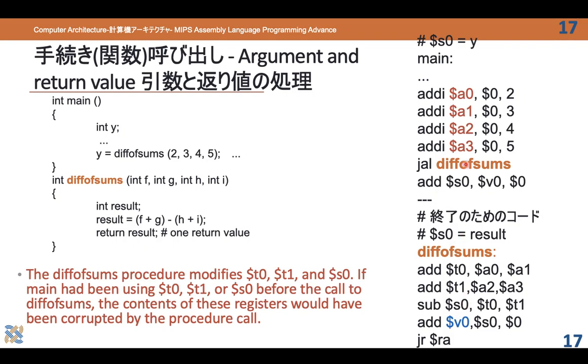So if the main already used these registers before calling the diff of sum, and if you use them inside the diff of sum, that means this register value is overwritten, and that makes trouble for the main because you already changed the value of the main function.